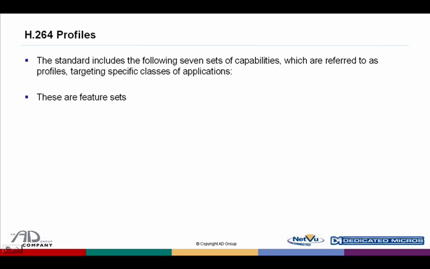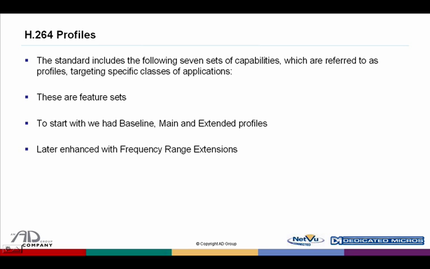So they can be viewed as feature sets, tools from the H.264 compression toolbox, which fulfills requirements and meets the needs of the application. The initial work on H.264 standards gave us baseline, main and extended profiles, and that was then further enhanced a short period of time later with the frequency range extensions for high definition and high quality applications.